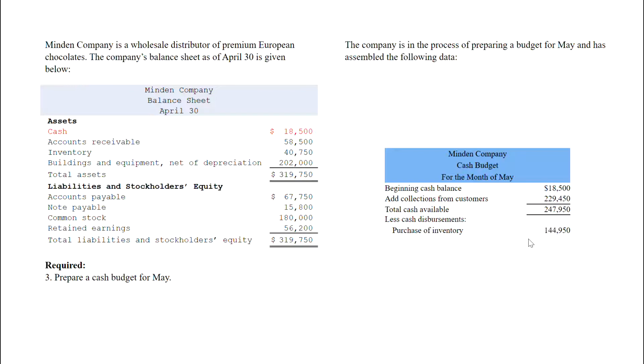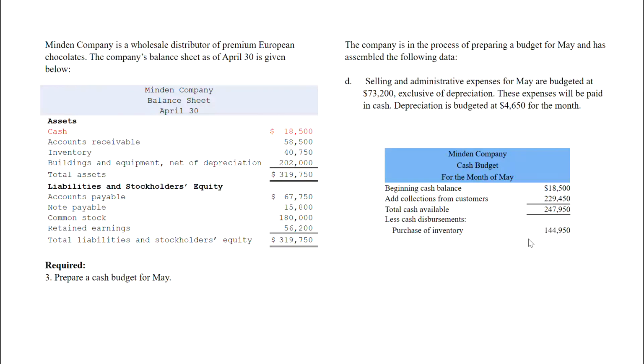We also have to consider, are there any disbursements or payments expected for any non-inventory related items? So let's search through the different points within our setup here. And D does indicate that selling and administrative expenses for May, which are not inventory related expenses, are budgeted at $73,200 exclusive of depreciation. That means it does not include depreciation.